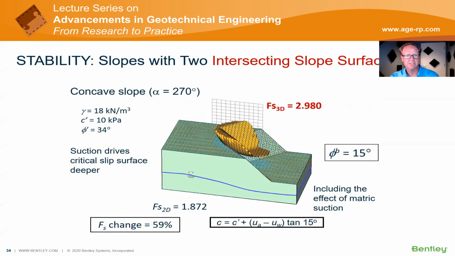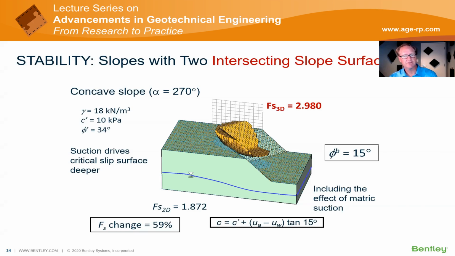Well, you can see here, and this is just one case we looked at, one of the more extreme ones, our factor of safety in 2D is about 1.8. If we model this in 3D, the factor of safety jumps up to about 2.9, and this is considering unsaturated soils in this model. So that's a change overall of about 59%.